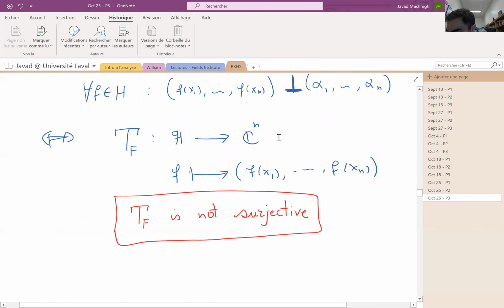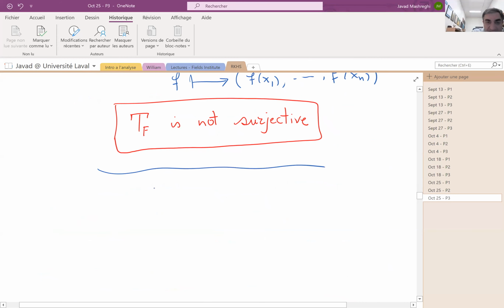Another important observation is that H of F, the finite dimensional space in H, is automatically closed.